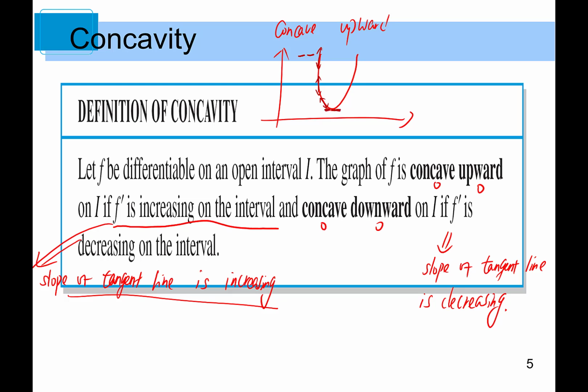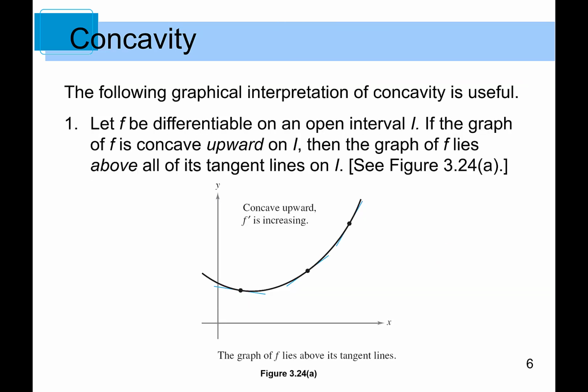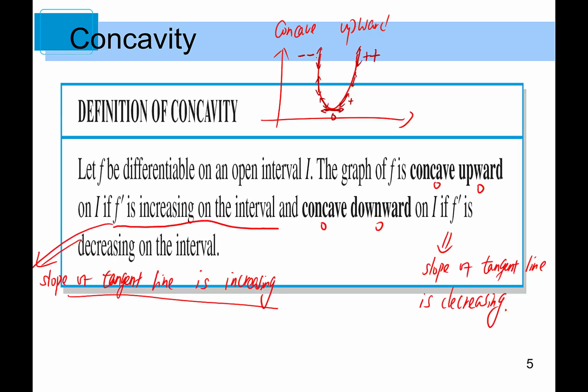We have a horizontal tangent here whose slope is 0. Then when you move upward, you see the slope become positive, and then it becomes bigger and bigger because the line becomes more steep. So going from a very small negative number, to 0, and gradually up to a very big positive number, the slope of the tangent line is increasing.